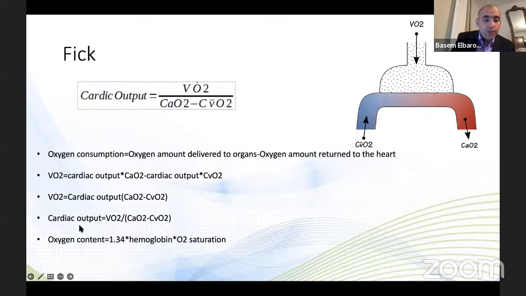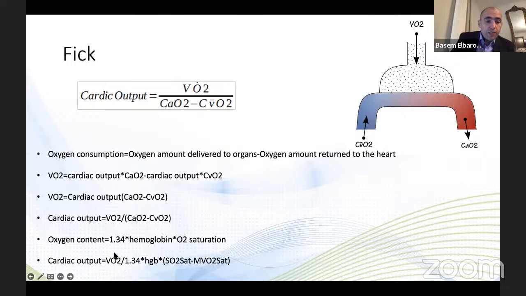I've talked about oxygen content. The oxygen content equation is 1.34, which is a constant, multiplied by the hemoglobin, and the hemoglobin is what's going to carry oxygen, multiplied by the oxygen saturation. How much is the hemoglobin saturated? Okay.